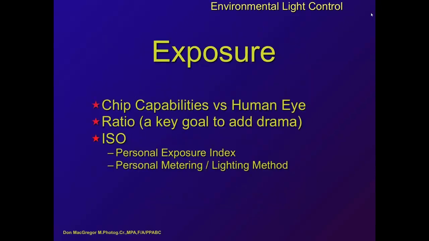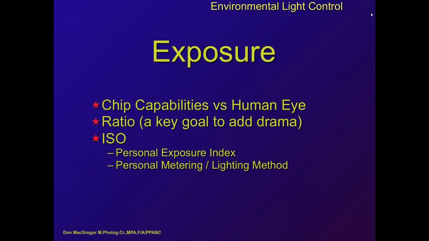Now let's move on to exposure. It's important to understand exposure in a variety of ways. First off, the chip versus the human eye. Your human eye is an amazing tool. Let's say that you can see 100 levels of tone from black to white.